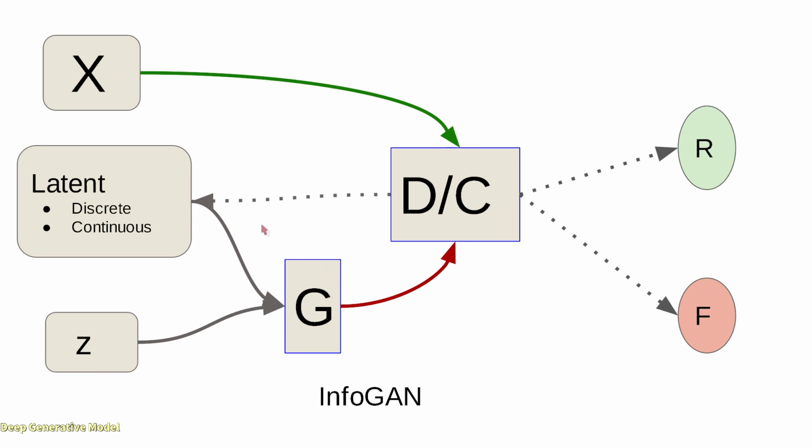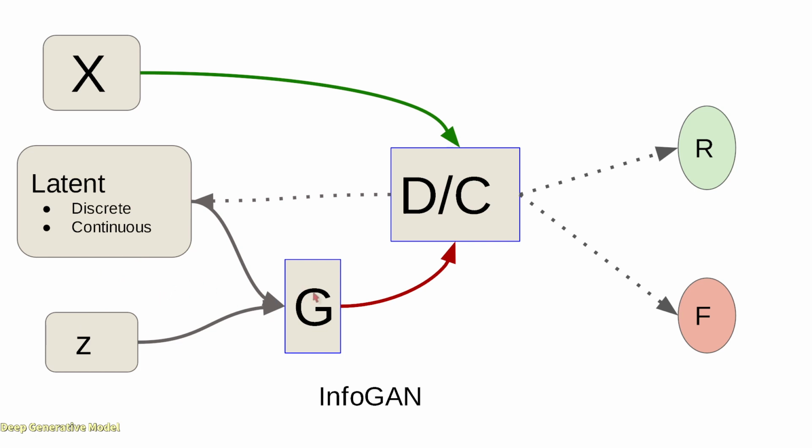So that's InfoGAN. The key idea of InfoGAN, you can see the Info here stands for information. The issue that InfoGAN wishes to solve is that sometimes the generator does not use the latents efficiently. It will discard the information from the latent.